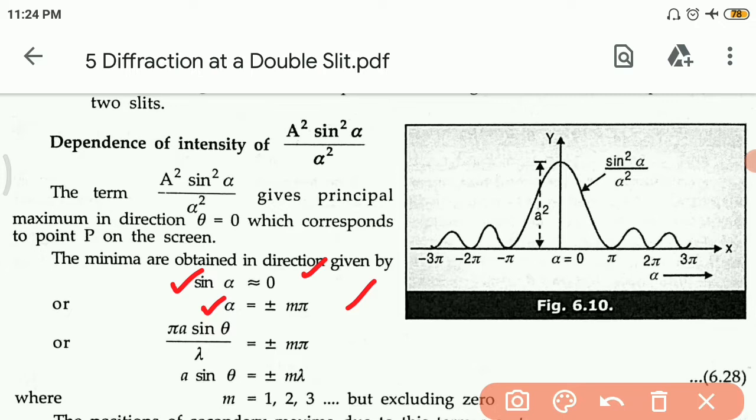So if we put the value of alpha and solve it, we get a sin theta equal to plus or minus m lambda. Okay, here m is 1, 2, 3 and so on, and as I said we have to exclude the value 0.